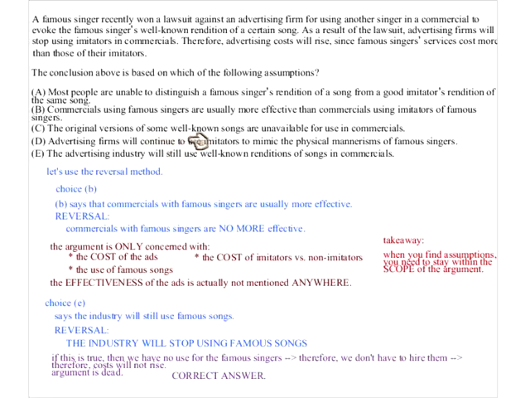The original versions of some well-known songs are unavailable for use in commercials. So the reversal of this statement: if this is not true, then that means all of the original versions are available.